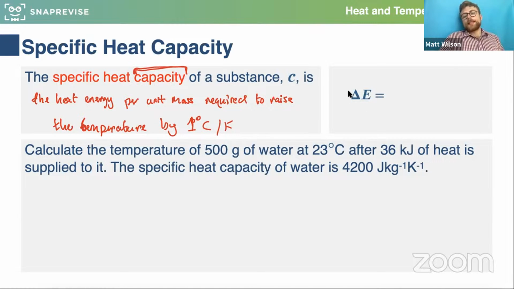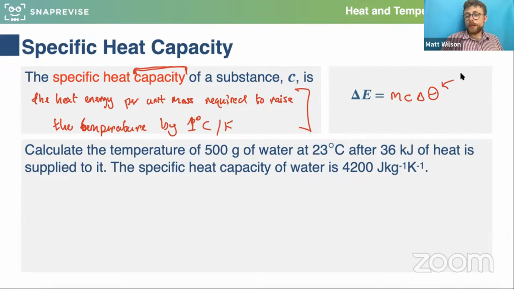So let's study this sentence as an equation. I'm going to write down the equation here. The change in energy is equal to m c delta theta. We're going to need to explain this formula, so I'm going to label the quantities and show how this equation represents the same thing as this sentence on the left-hand side.